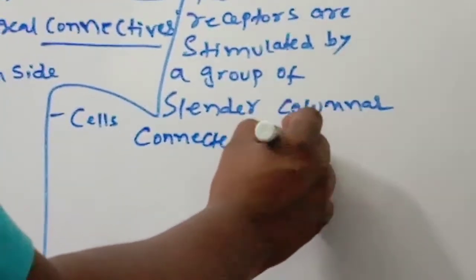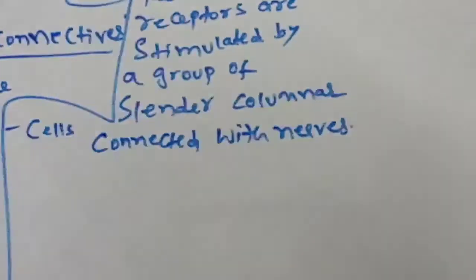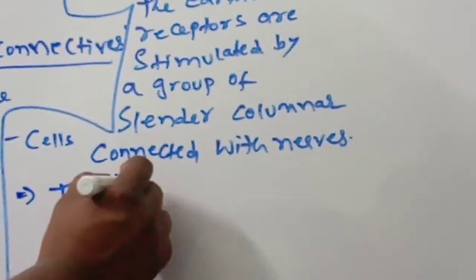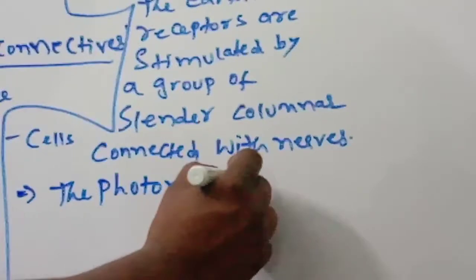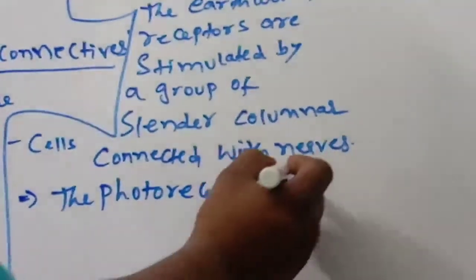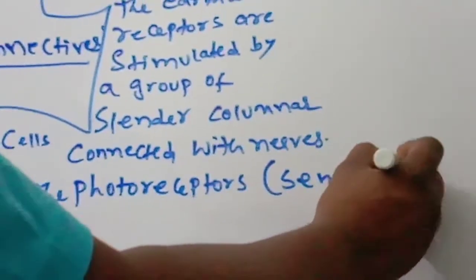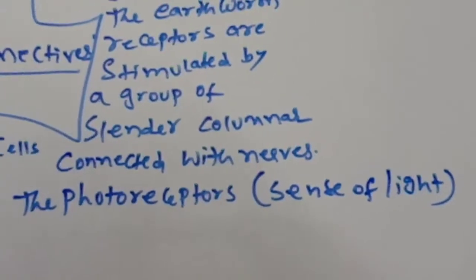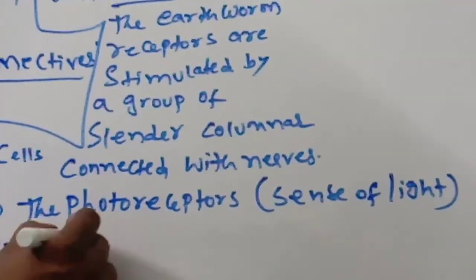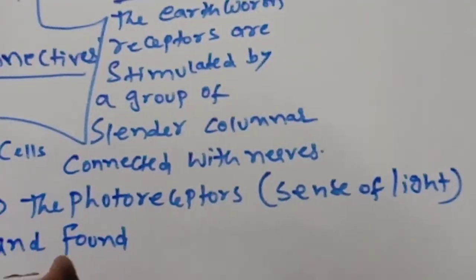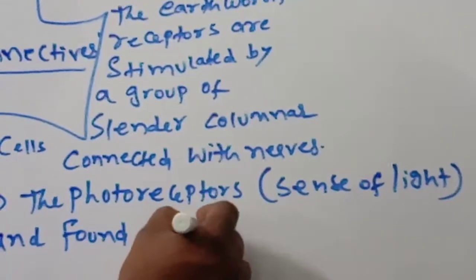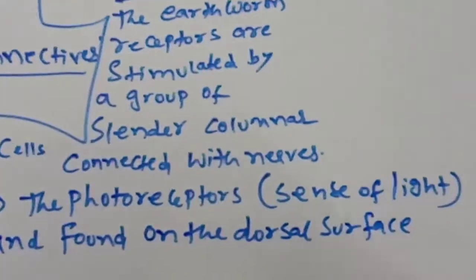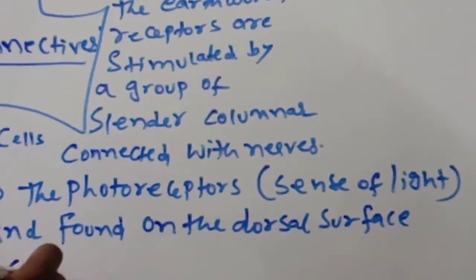The photoreceptors sense light and are found on the dorsal surface of the body.